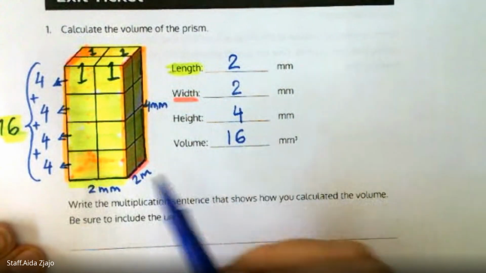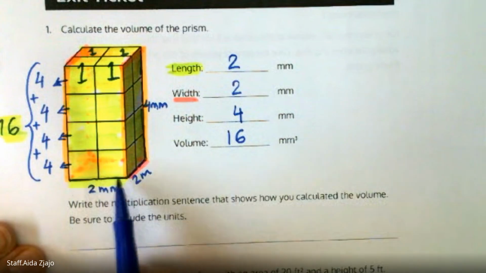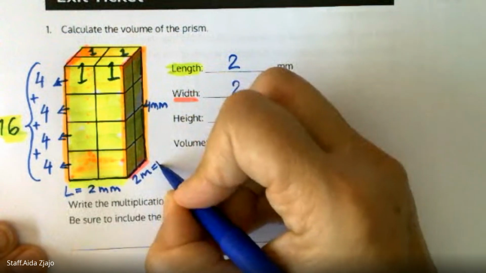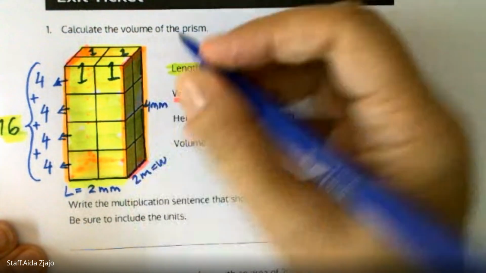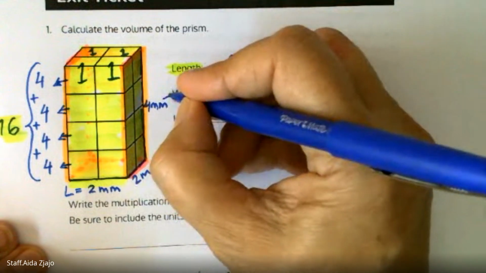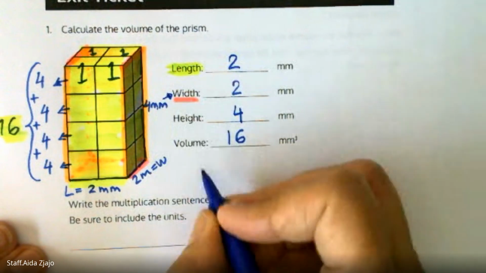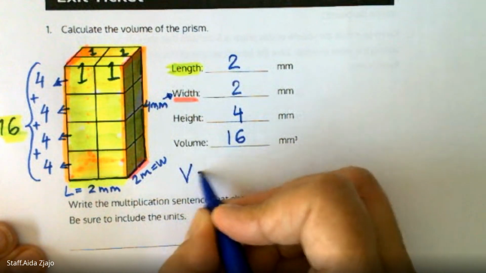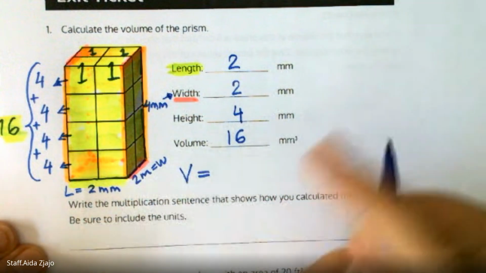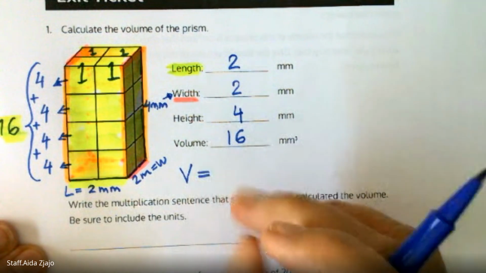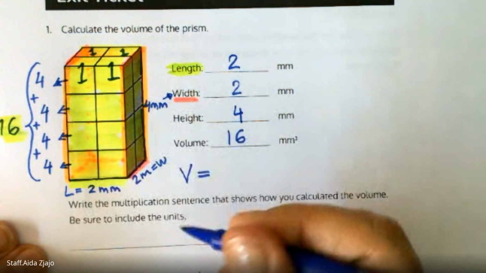We can use the help of our length, width, and height. This is the height. So how that looks, the volume needs to use multiplication because we are building a 3D figure.